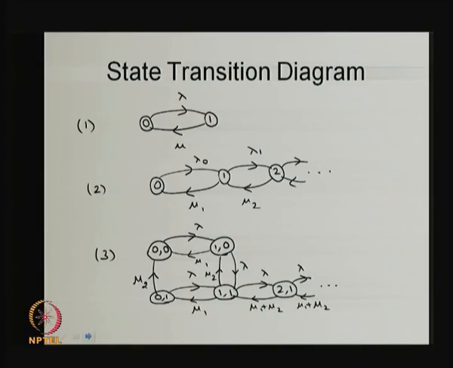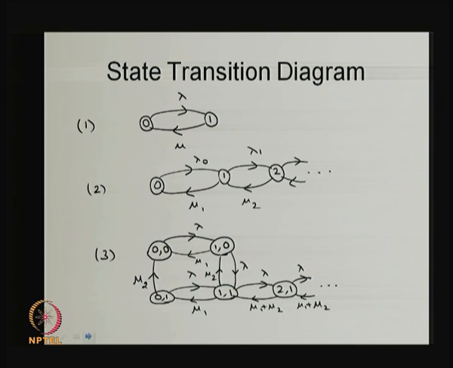The time spent in state 1 before moving into state 2 is exponentially distributed with the parameter lambda 1, and similarly the time spent in state 1 before moving into state 0 is exponentially distributed with the parameter mu 1.